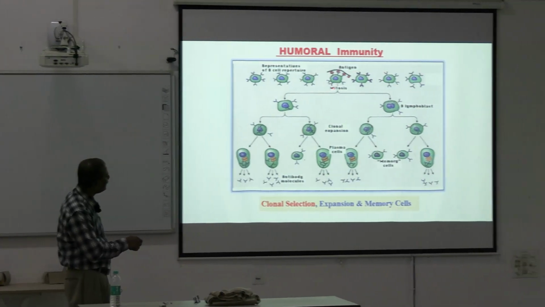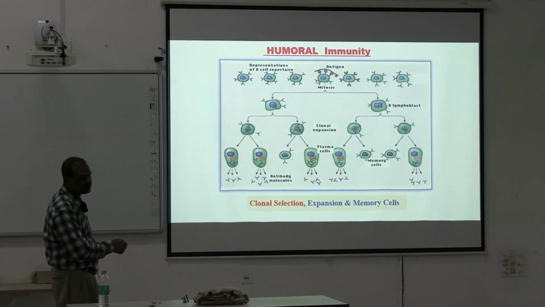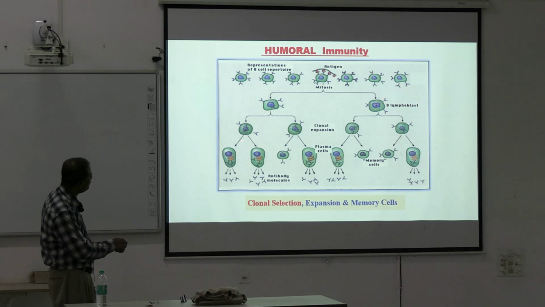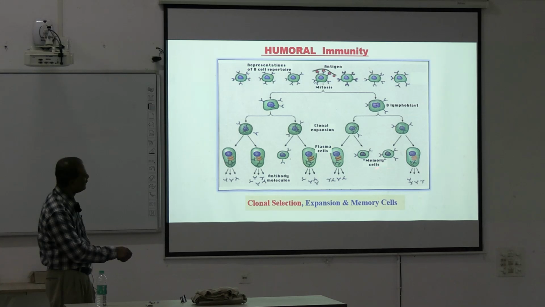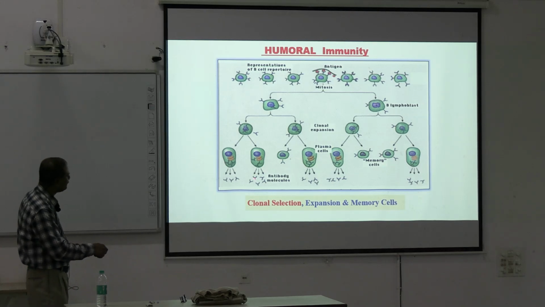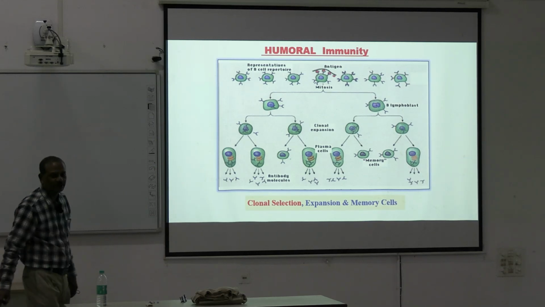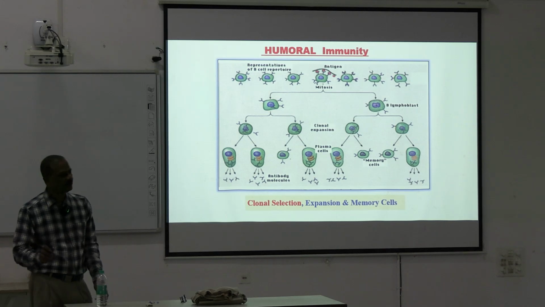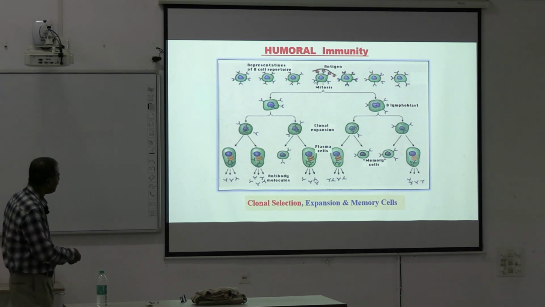Now this cell has undergone proliferation; the picture which I have shown, just match it. From 2 to 4, and here you see 8 cells. Out of these 8 cells, you can see these cells are secreting antibody, and these small cells remain present as memory cells. Is this part clear?